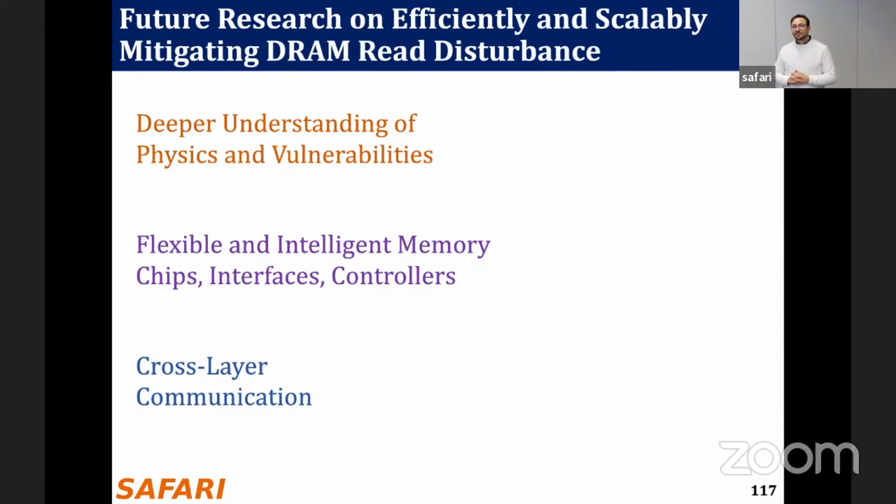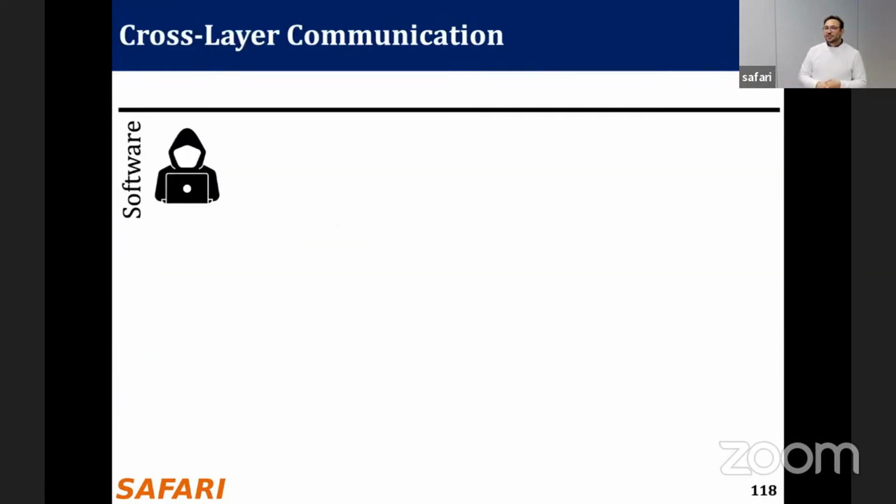So let's move on with the last point, cross-layer communication. We have some abstraction layers in our systems. On the top, we have the software. We have the coder here, and not only the human, of course, there's some system software. There are some programs running over there.